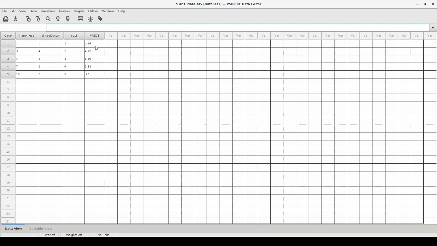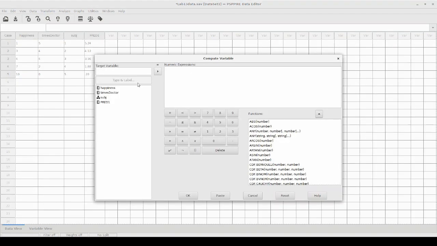And so here's where we see our error. In fact, if we wanted to do our math a little bit more, we could calculate each of the deviances. So we might go to Transform, Compute, and we could tell it that we want to take our actual variable, our y variable, minus our expected variable, and this would give us our difference score. We could type in the target.